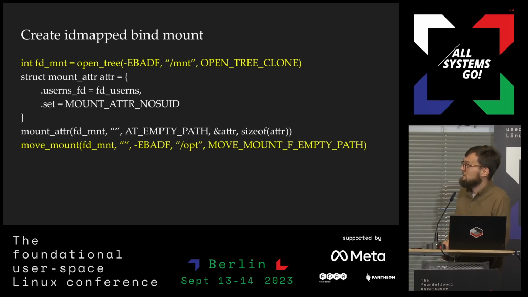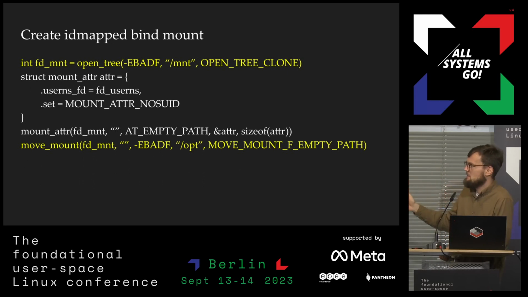So here's an example of how to create an ID map bind mount. You call open_tree. Again, the EBADF, ignore it. It just means it's an invalid file descriptor and it's supposed to operate on an absolute path. OPEN_TREE_CLONE will mean it creates a clone of the existing mount. Actually, this should work on any directory with OPEN_TREE_CLONE, so it doesn't have to be a mount point.